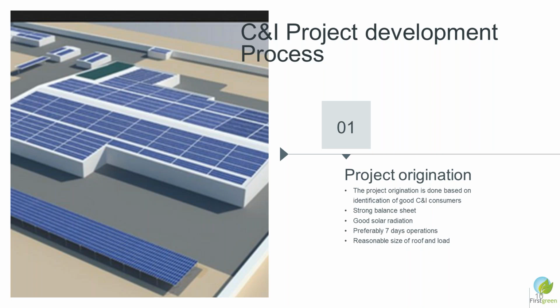And at times the C&I sector faces the challenge that the operations are 5 days or 6 days. It is preferred that the operations are for 7 days, or your power evacuation can take place for 7 days, then this is the best situation.